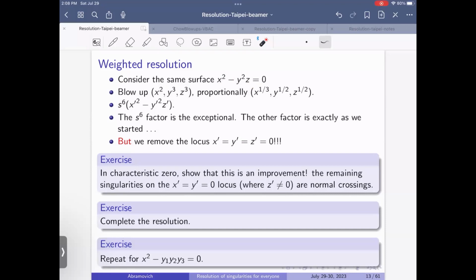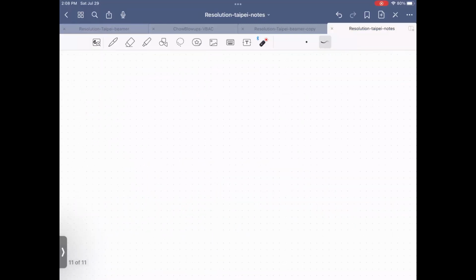You would miss something if you chose 1, 1, 1, or 2, 2, 2. If you chose 2, 2, 2, you would get the standard blow up, which will not get you any better. 2, 1, 2, yeah, I think Hamid insists on doing the example with 2, 1, 2, and I claim it will not work.